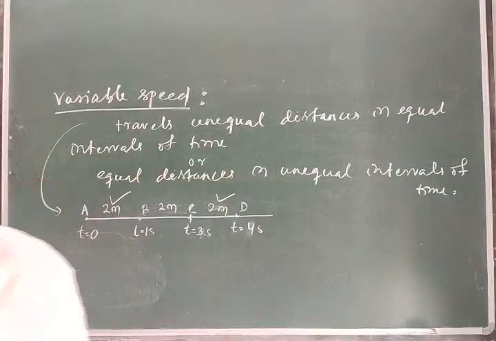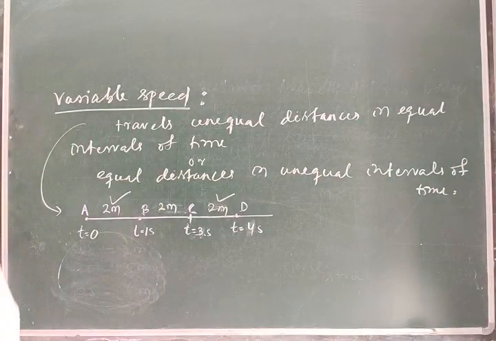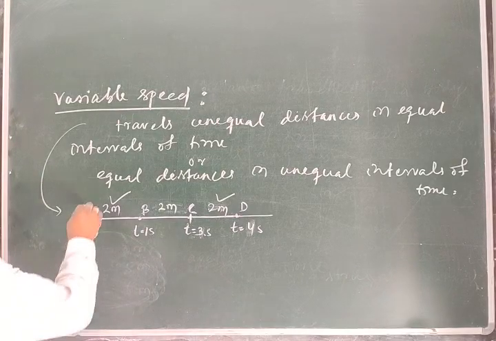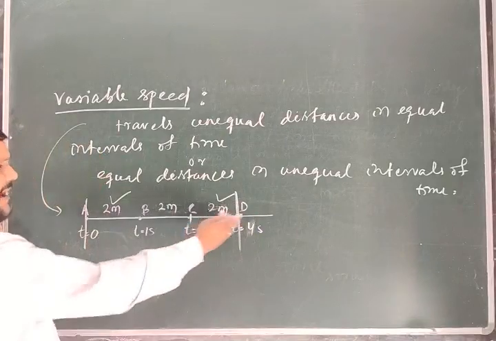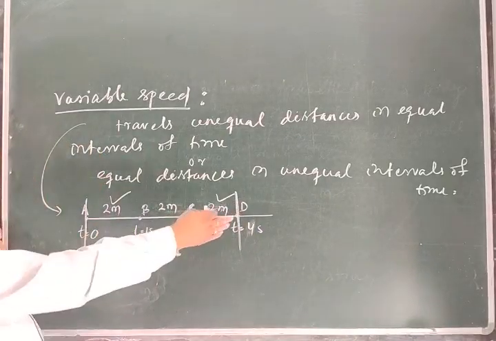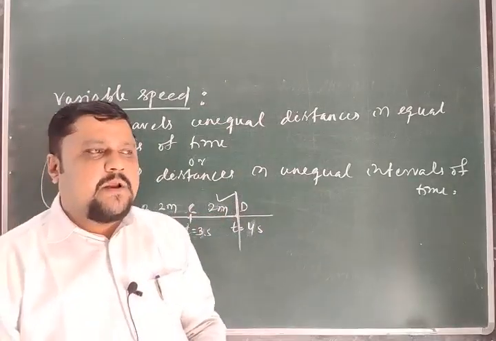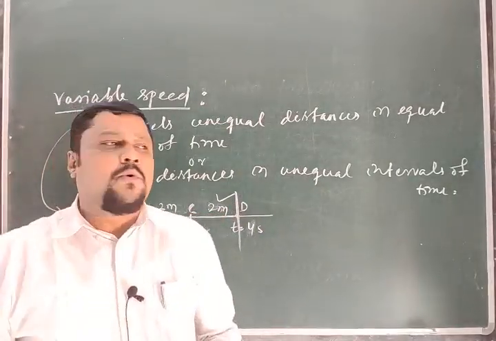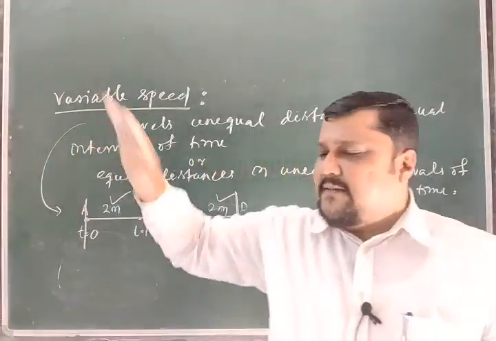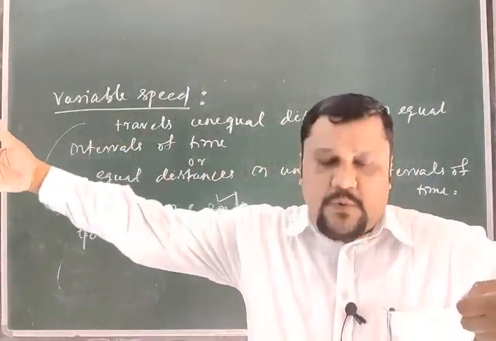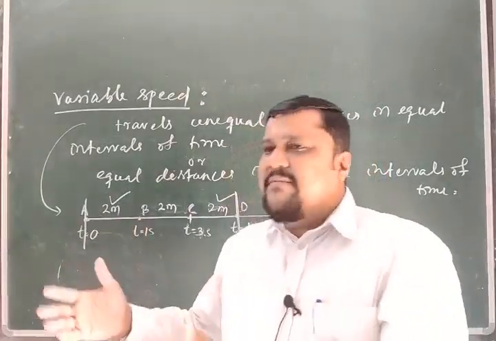Okay, so when the body travels at a variable speed, suppose the body starts from A and reaches the point B, with variable speed from A to B. For example, you start from your home and reach another place nearby, and during the total distance traveled, you have covered different distances in different time intervals.